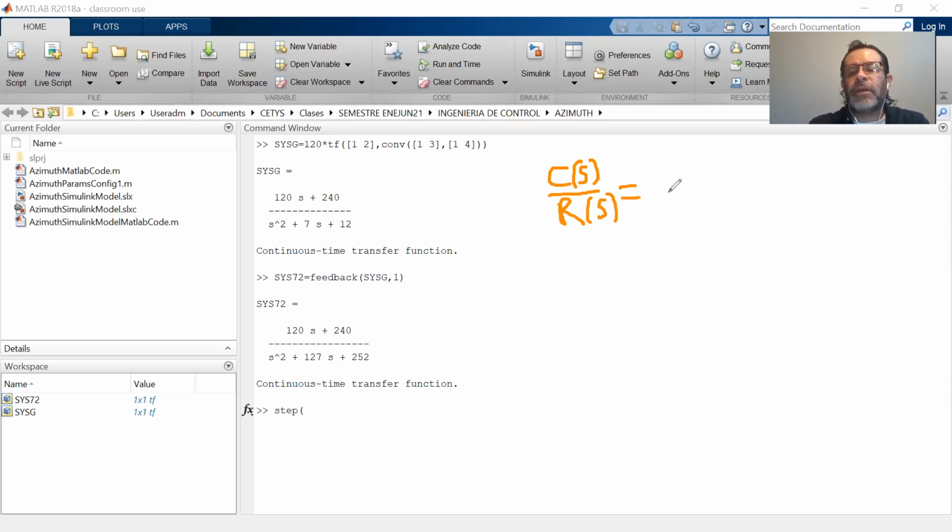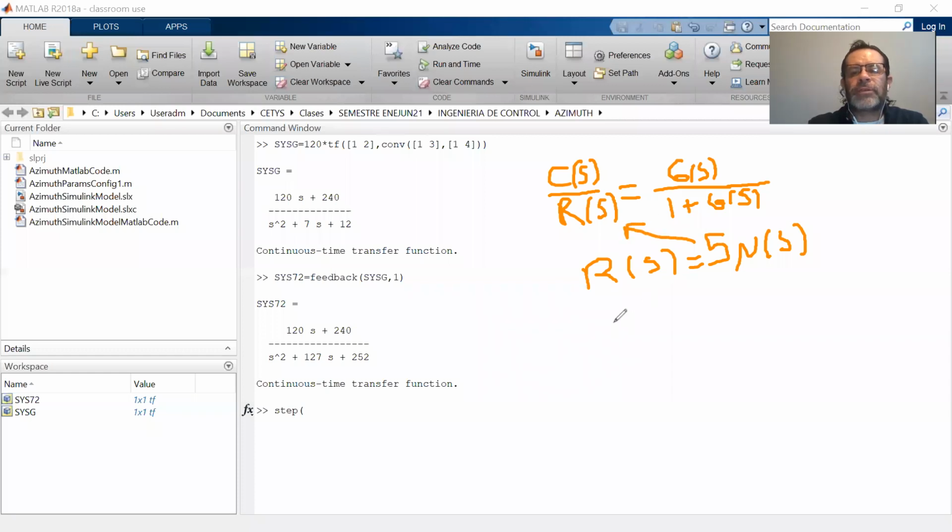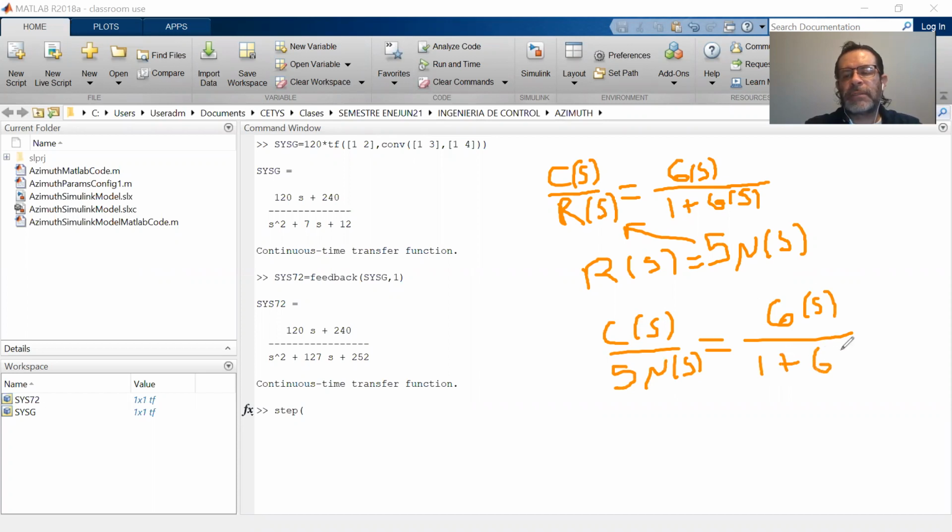And this is equal to G of S divided by 1 plus G of S. Now, if R of S is equal to 5 times the unit step, then if we substitute this here, we're actually going to have C of S divided by 5 times U of S equals the transfer function, which is G of S divided by 1 plus G of S.